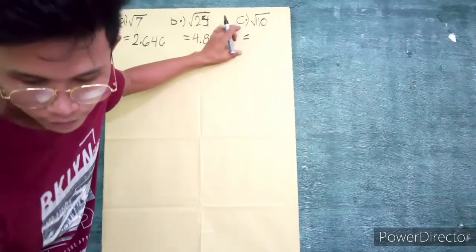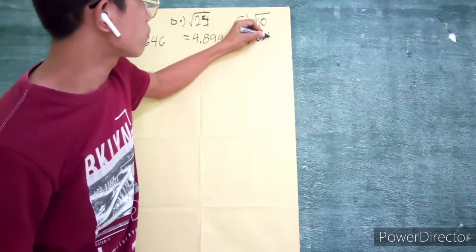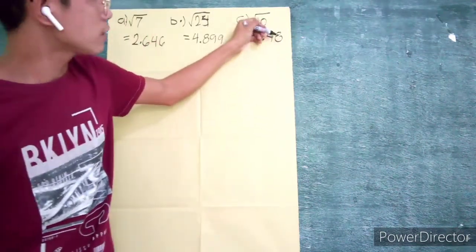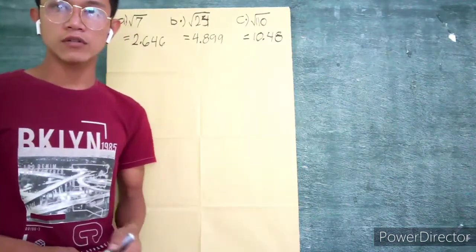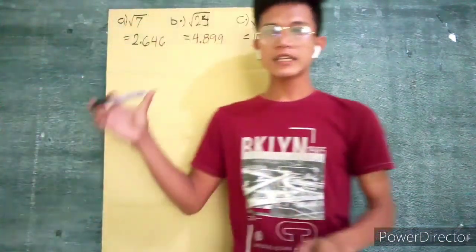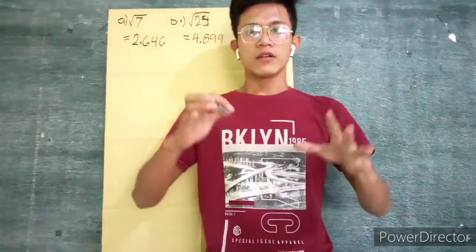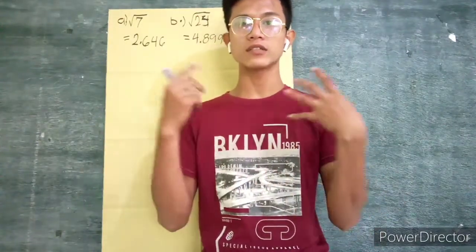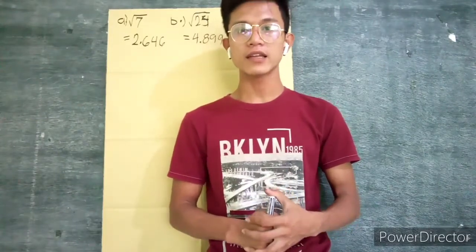It is 10.488. Okay? So that is the answer for this example. Okay? So this is what we call a irrational number. Okay? So any number that is a non-perfect square number, you can solve that using calculator to find its equivalent in square root. Okay?